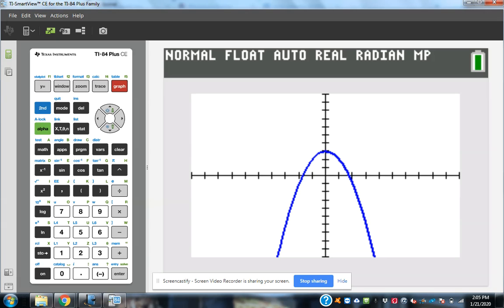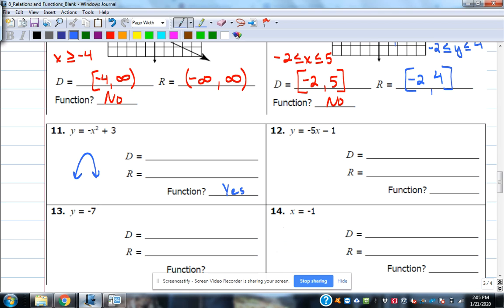Okay. Now, looking at that, we get the idea of the vertical line test. So we know that's going to pass that, and it's going to be yes, it's a function. Now let's try to get the domain. Okay. So the graph looks like this. Now it's going to have arrows on it because it keeps going forever.